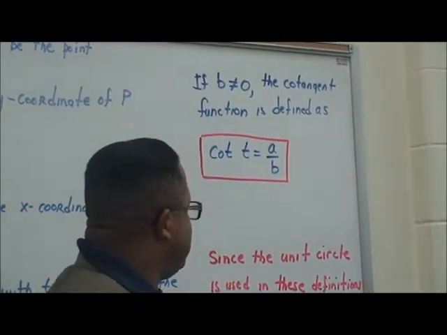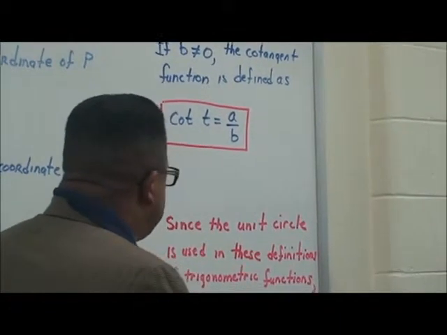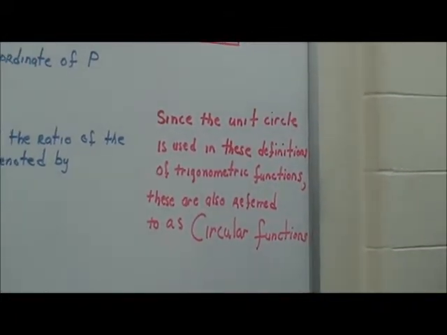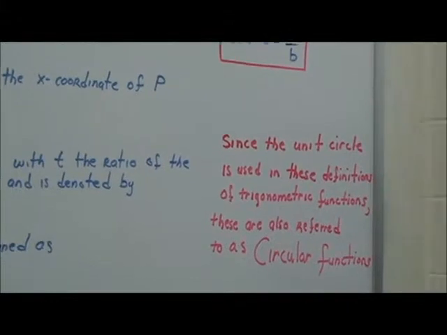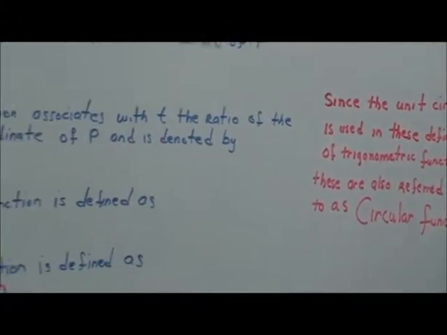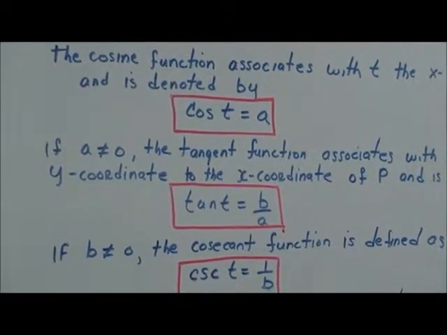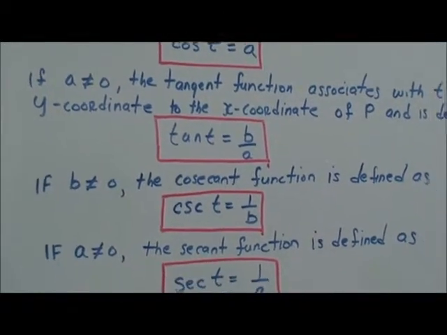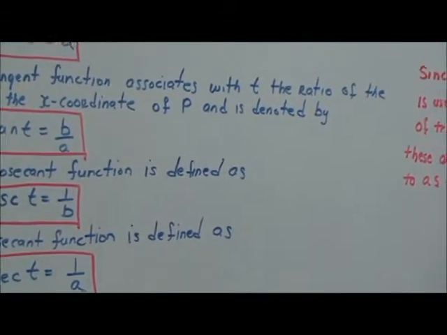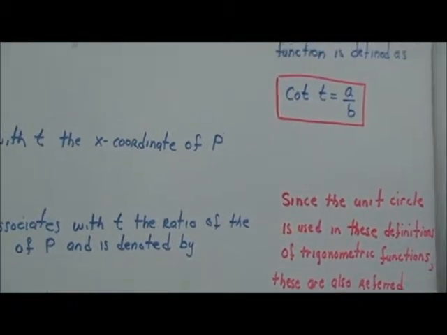A over B. Since the unit circle is used in these definitions of trigonometry, these are also referred to as circular functions. Let us remember that cosine T and sine T correspond to the point P on the graph there. P is equal to (A, B), which corresponds to the x, y coordinate along the unit circle. In other words, T is used to approximate a point on the unit circle.